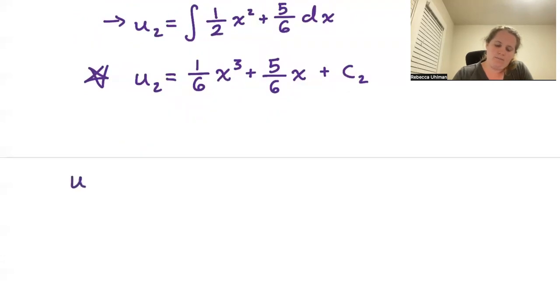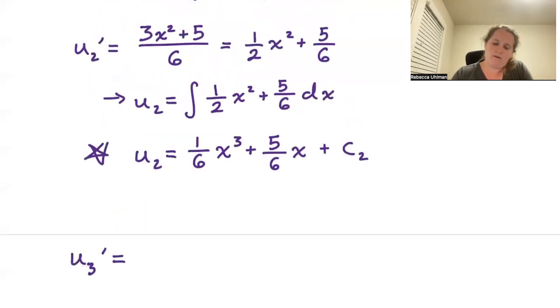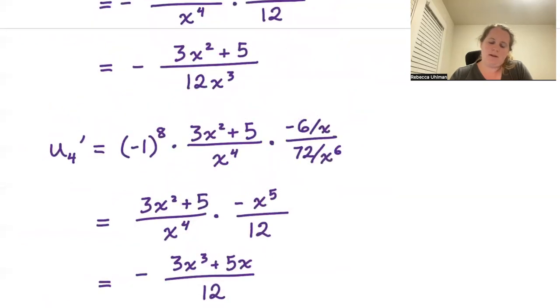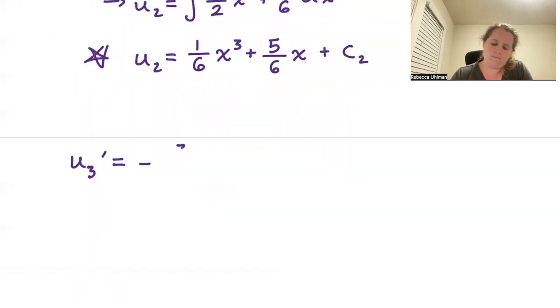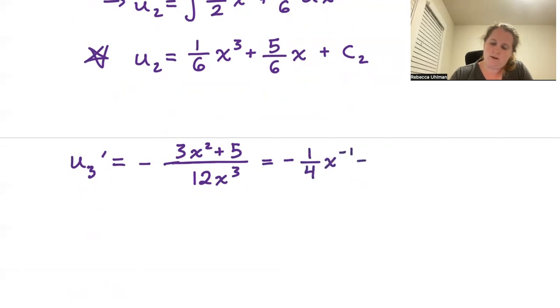u3 prime is equal to -3x squared plus 5 over 12x cubed. Otherwise known as a -1/4 x to the -1 minus 5/12 x to the -3.